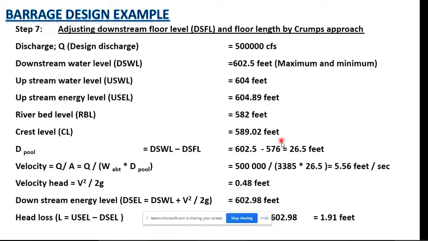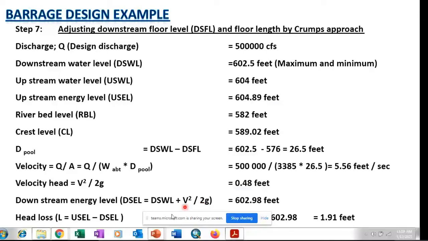The velocity on the downstream side will be Q over A, where Q is the design discharge and A is the area of flow, the width between the abutments times the depth of the pool. Velocity head is V squared over 2g. So the downstream energy level will be the downstream water level plus the velocity head. This is our downstream energy level.